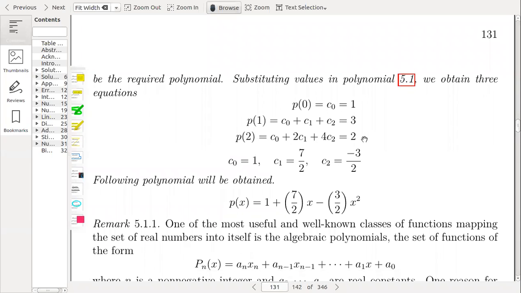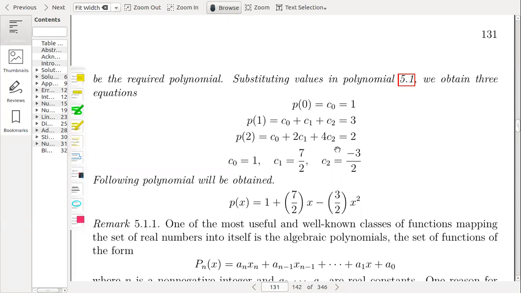Okay, then you can divide the second equation by 2. You will get c1 plus 2c2 is equal to 1 by 2, and here you already have c1 plus c2 is equal to 2. Then you can subtract these two equations.